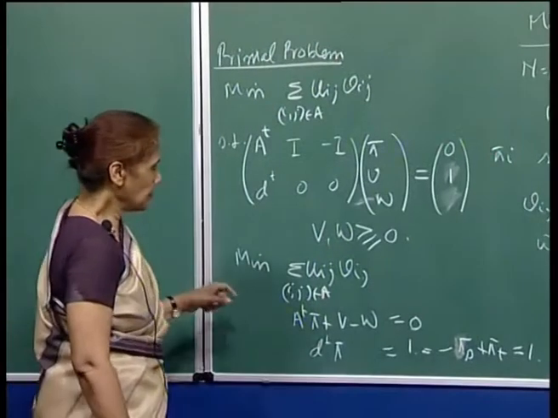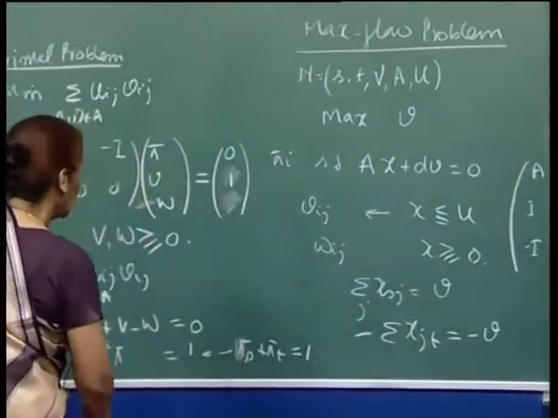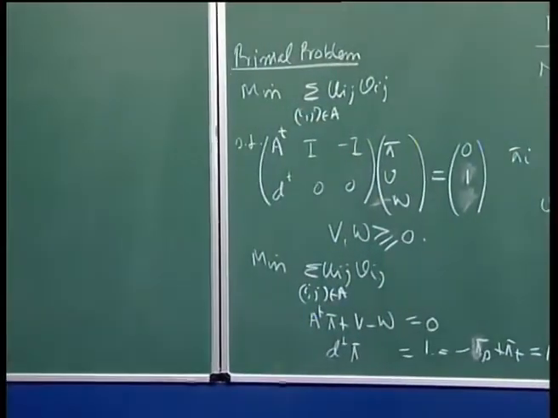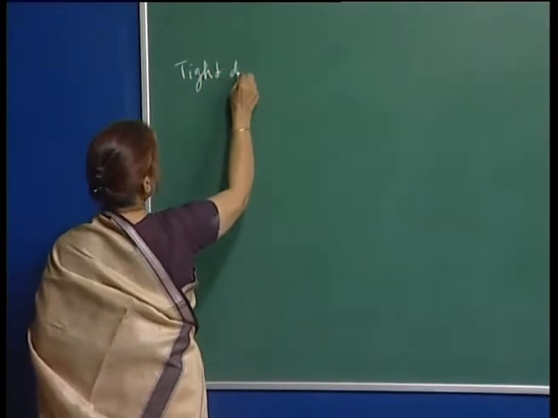So now when you have this dual problem, here you will define your index set Ij of tight dual constraints.